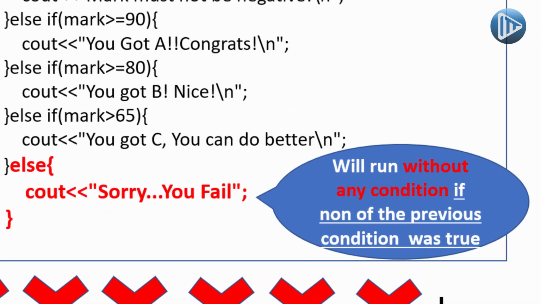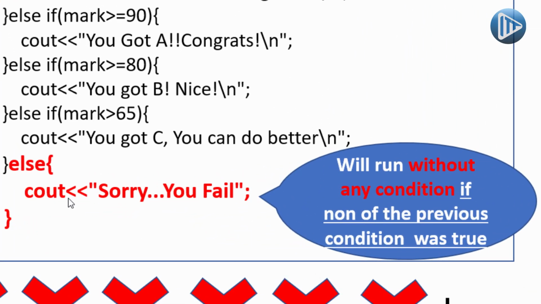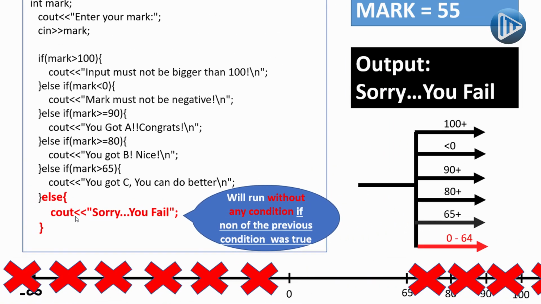This root doesn't have any condition and will run if none of the previous conditions was true, which says sorry, you fail. So if he doesn't get a mark higher than 65 or 80 or 90 and so on, then that means that he failed.